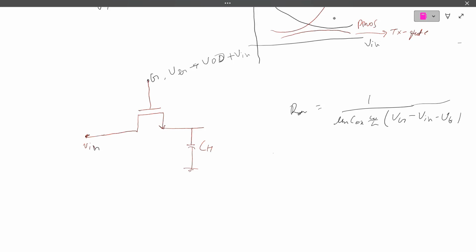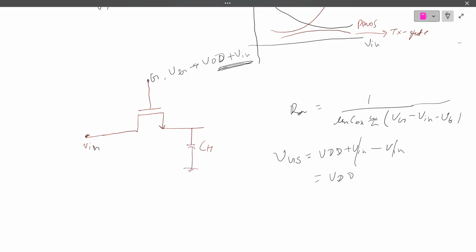So if I take the VGS, VG is VDD plus Vin and source is Vin. So it will cancel out, leaving only VDD. It will be independent of the Vin. So how can we get the Vin here, right?